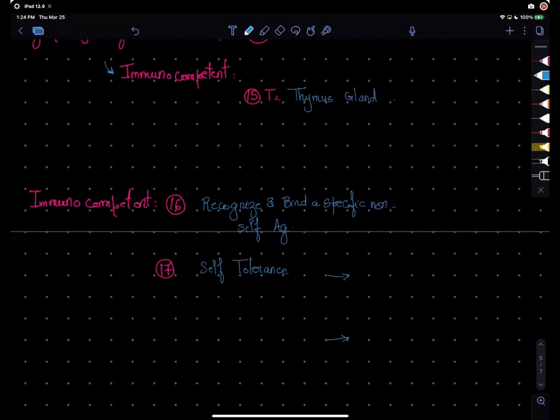Exactly. I have the positive selection and the negative selection. In the positive selection, what am I selecting the cells capable of?